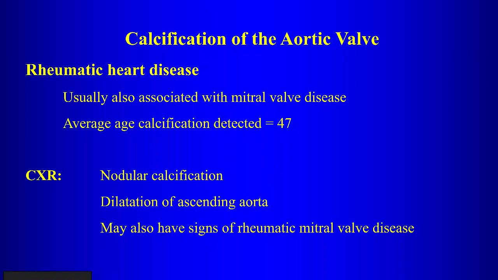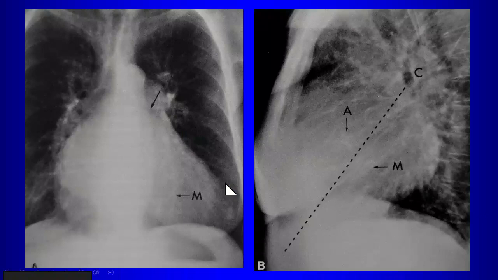Pulmonary artery hypertension. So as a later complication of rheumatic heart disease is pulmonary artery hypertension. So on the plain film, you might notice, well, what's the finding? Yeah, a centralized pattern of big pulmonary arteries. So those are all findings that would support the diagnosis of rheumatic heart disease.